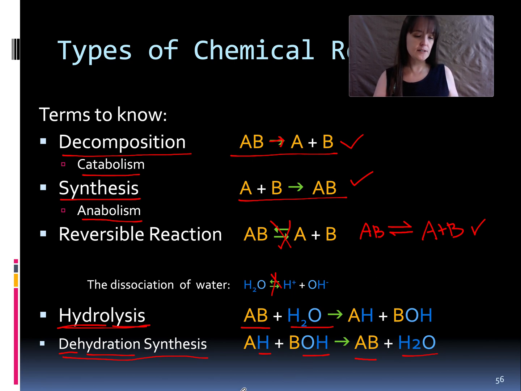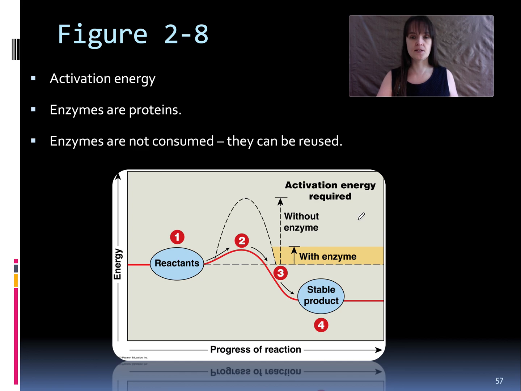Okay, the amount of energy needed to start a reaction is the activation energy. And the enzymes lower the activation energy in order to make chemical reactions possible in the body.